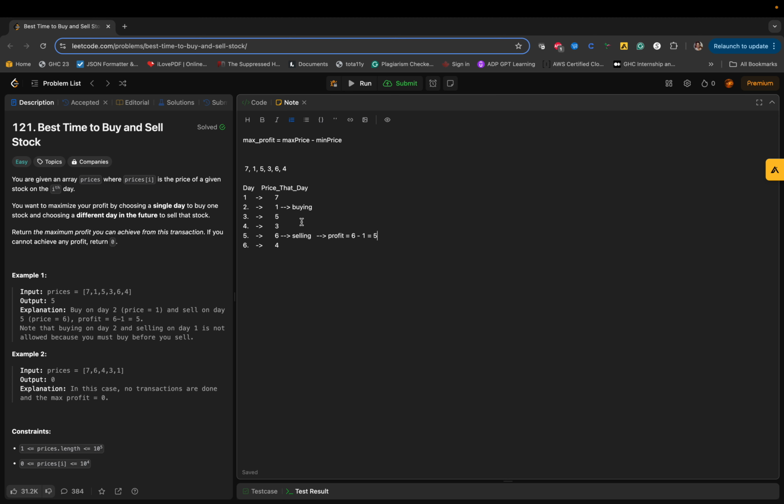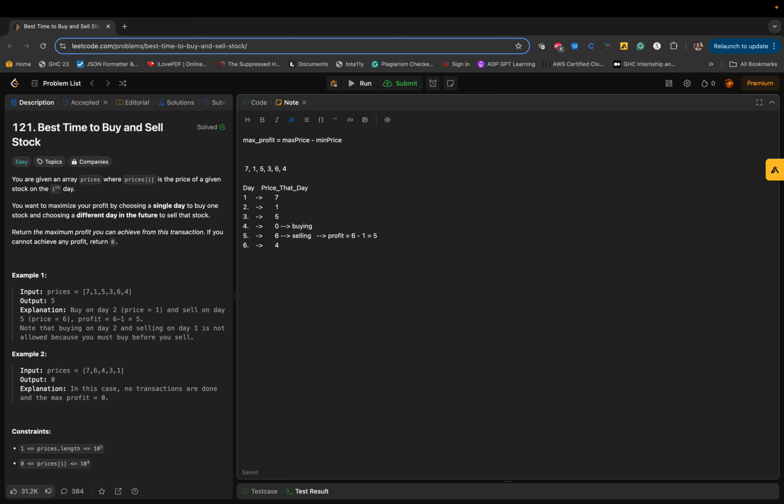Also we need a variable to store the minimum price that we have seen so far, so that in case we are finding a better price than 1, we need to make that our buying price. Suppose on day 4 the price surprisingly dropped to 0, then that buying price now will become this 0.